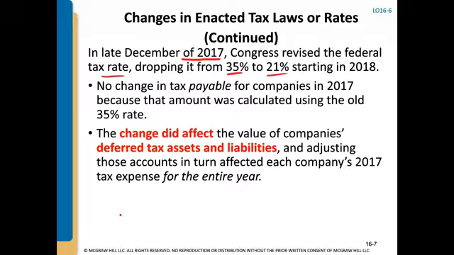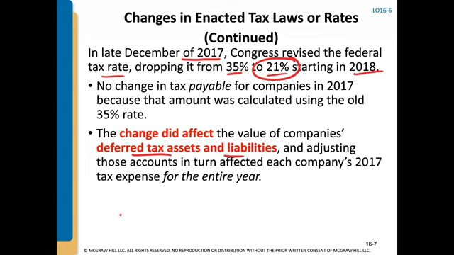At that time, all the corporations had to change the value of their deferred tax asset to be tax affected at 21% instead of 35%, because those deferred tax assets and liabilities would be turning in 2018 and later.